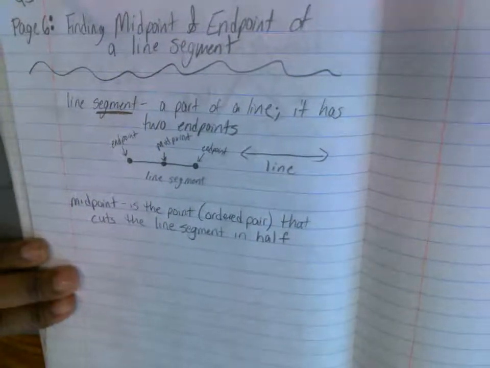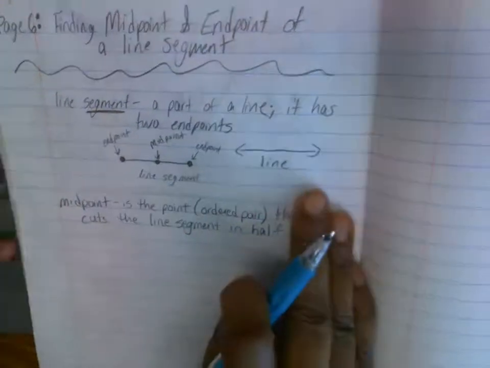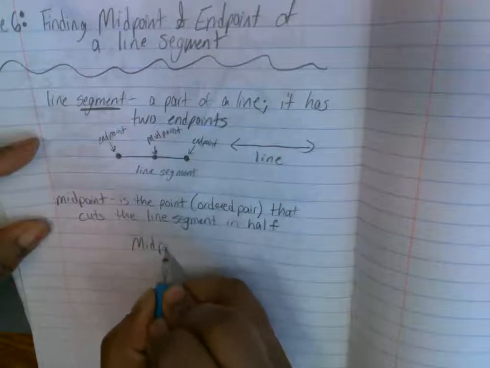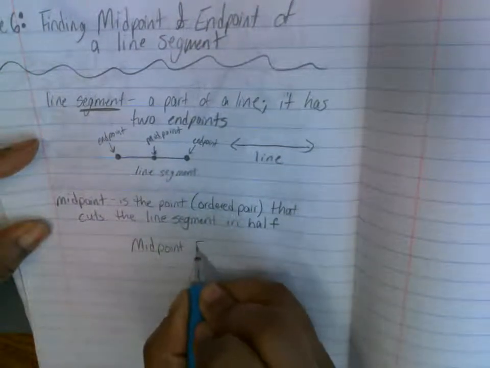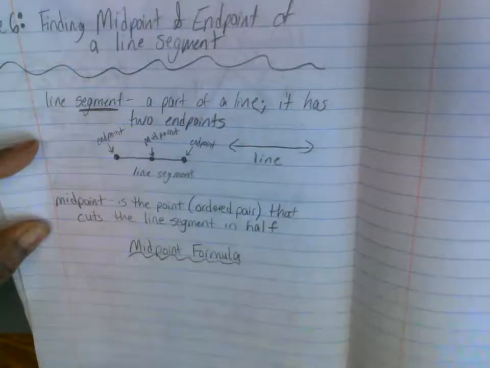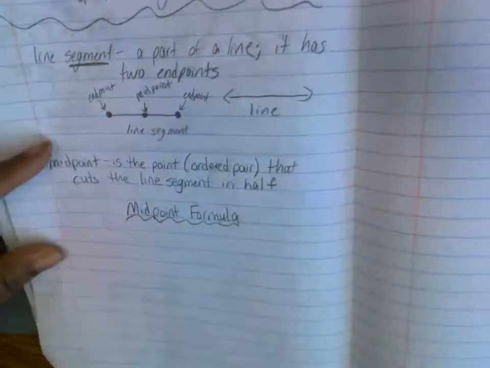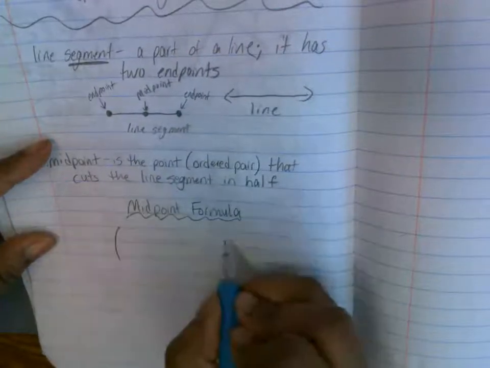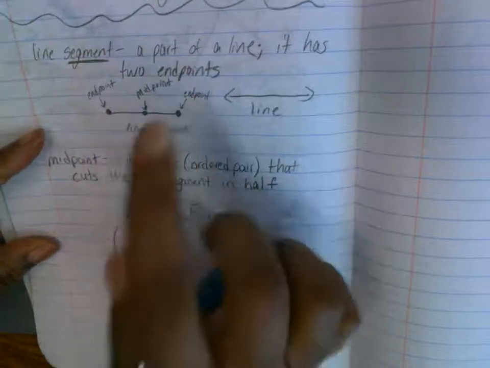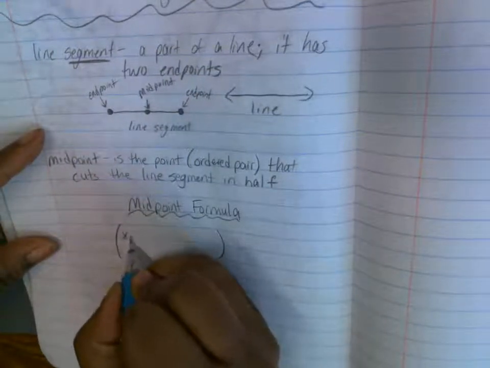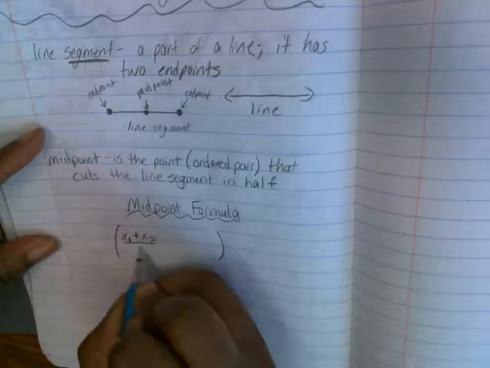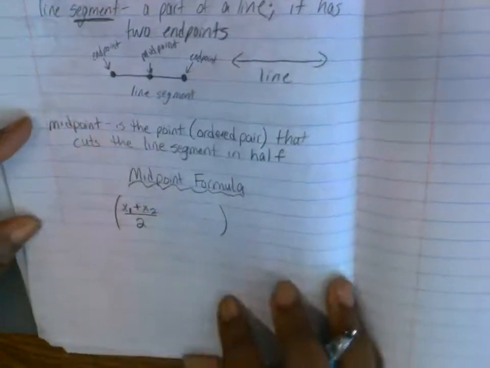All right, we're going to write the midpoint formula. You take the x values of the endpoints: x1 plus x2, and you find the average of them.